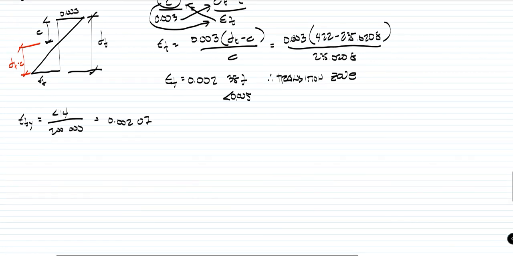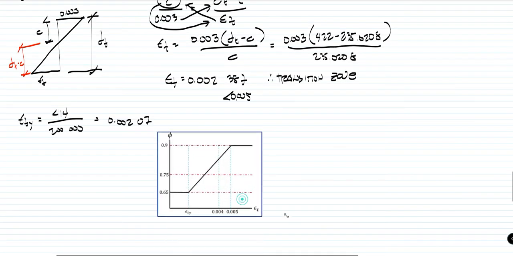Since you are solving this problem without an NSCP on hand, and if you have not memorized the equation for the reduction factor, we have to use the reduction factor and net tensile strain diagram, which is this.